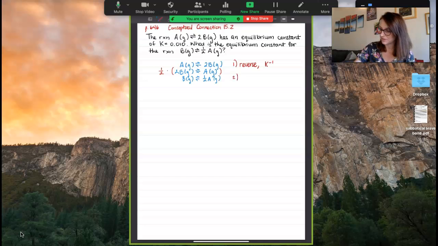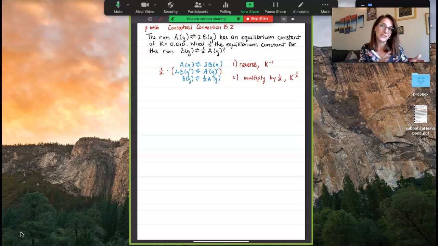So if you multiply by 1/2, then for equilibrium constants, you raise it to that power. So it would be the equilibrium constant raised to that power. And rather than Hess's law for enthalpy, where you would multiply the enthalpy by 1/2.